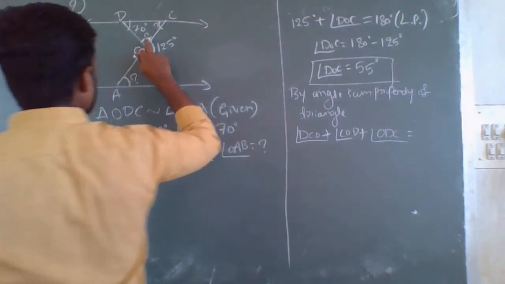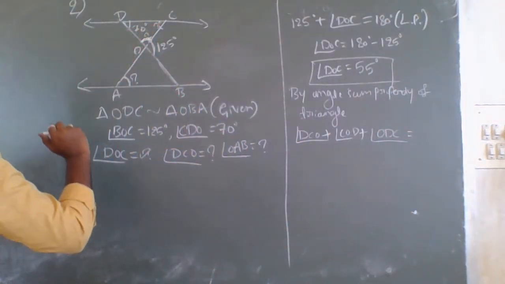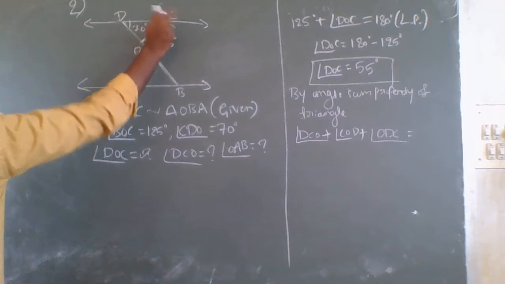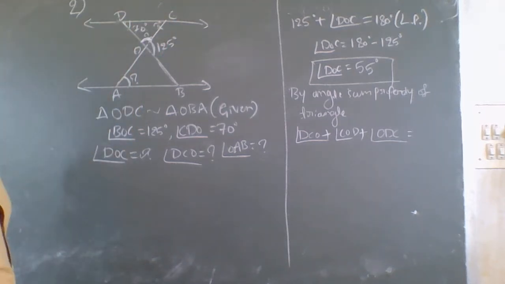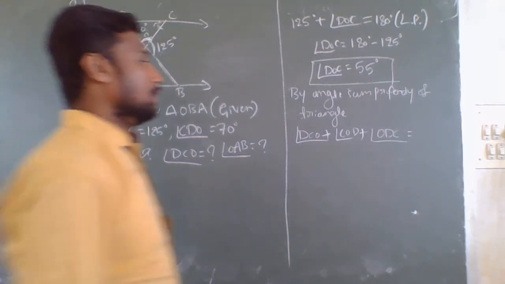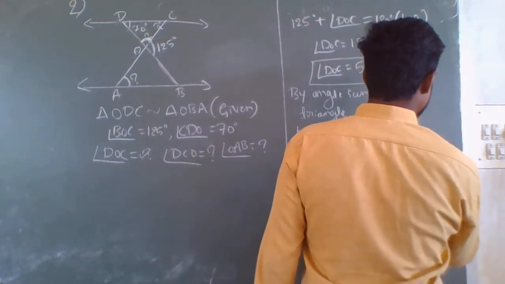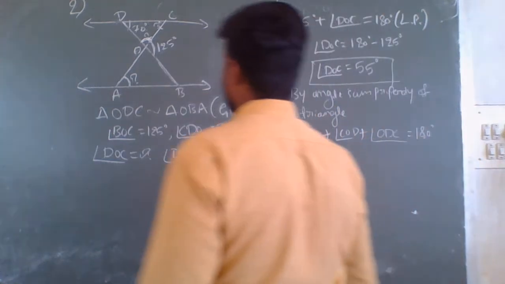These three angles are in the same triangle ODC. Therefore, the sum of these three angles will be 180 degree.